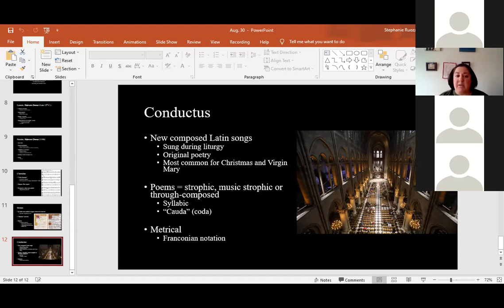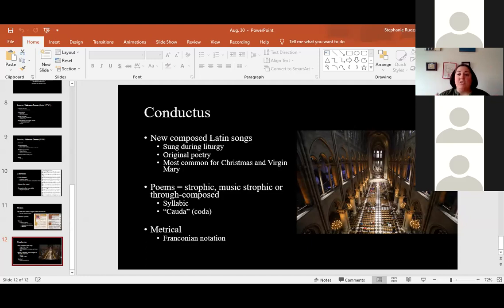Now, the music could be either syllabic, so that means that it's one note per one syllable of text. And it usually was syllabic, and it ended with this elaborate melisma called a coda, tail. Just like we have codas on music today, we had codas on the conductus. And it was a stark contrast from the syllabic text. Think of it, you're going through syllable by syllable through the entire chant.